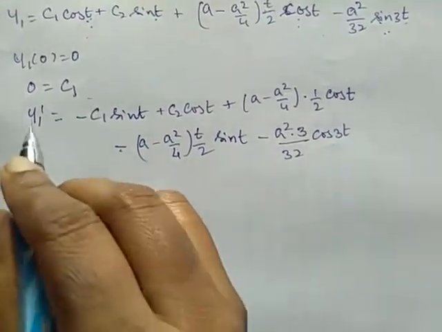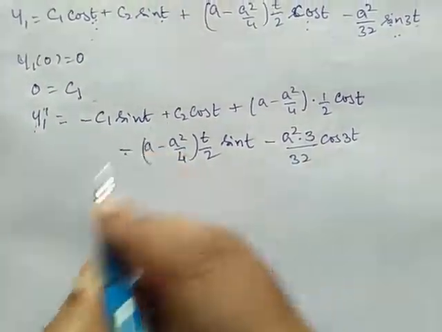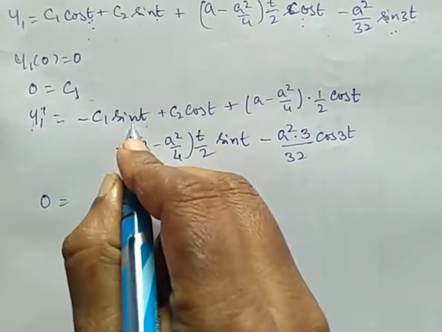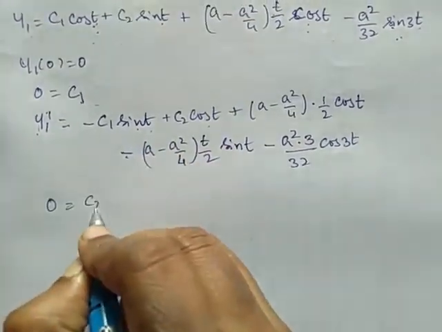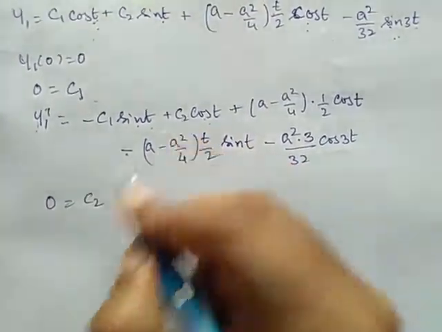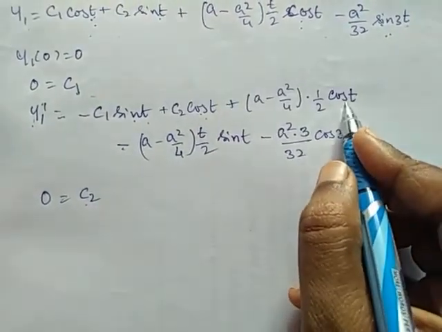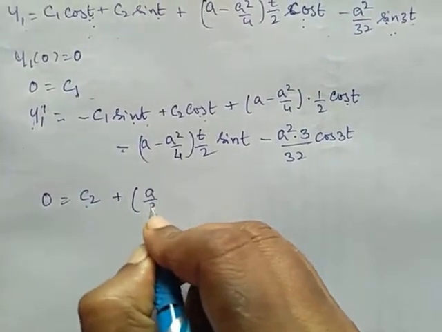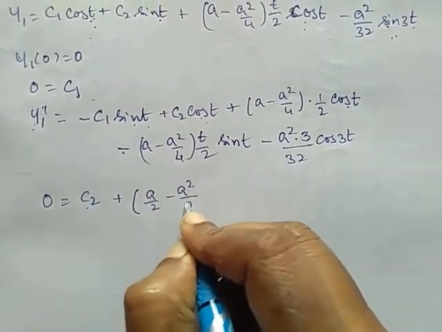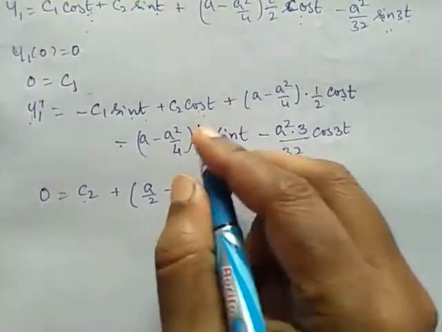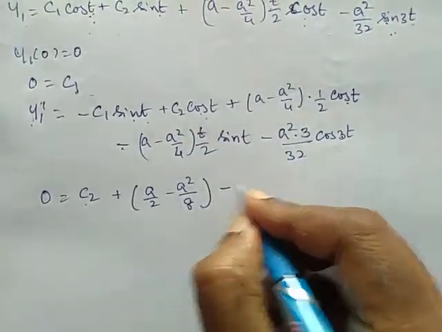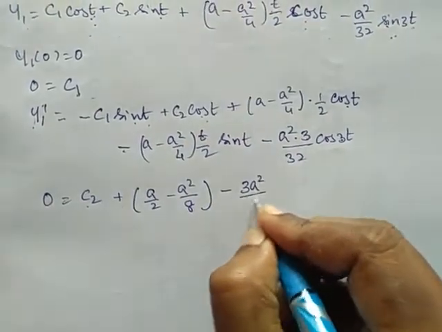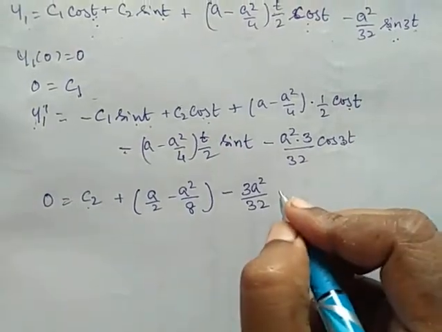Now we have to substitute y1 dash equal to 0, t is equal to 0, sin t is 0, cos t is 1. So cos 0 is 1, therefore we will get c2 as a by 2 minus a squared by 8. t is 0, here minus 3 a squared by 32, cos 0 is 1.